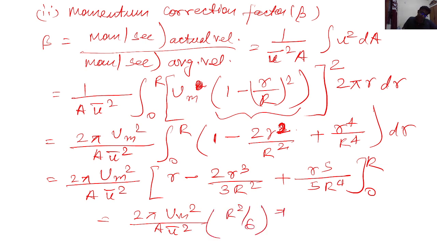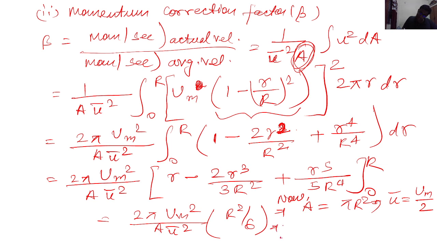So this implies, now a, which was essential in this expression of the momentum correction factor, would be pi R square, and u bar is equal to Um by 2, which we just found out from the first question.